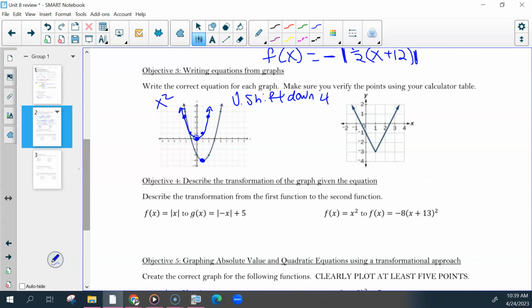What else did it do? Because if it just moved down 4, it would be here. If I'm looking at the points here, the distance is 1, 1. So that's the same. It didn't get wider. It just looks like it because of how it's been moved.